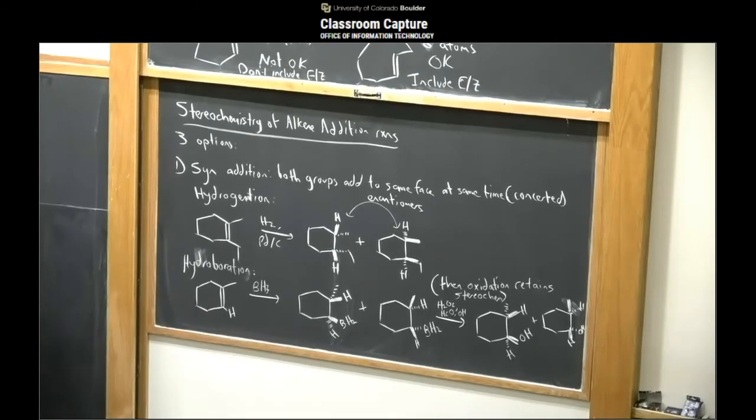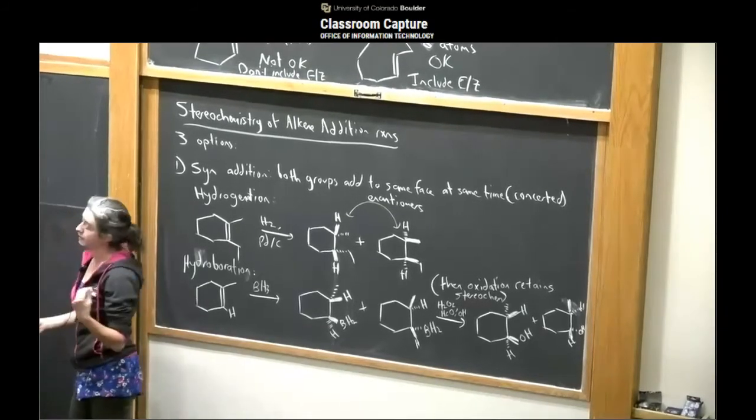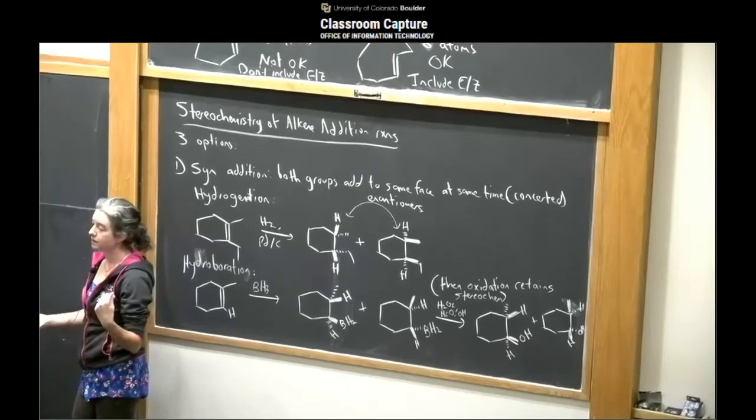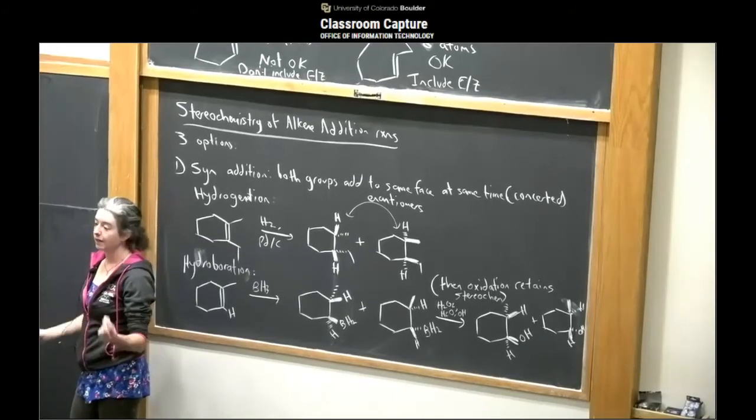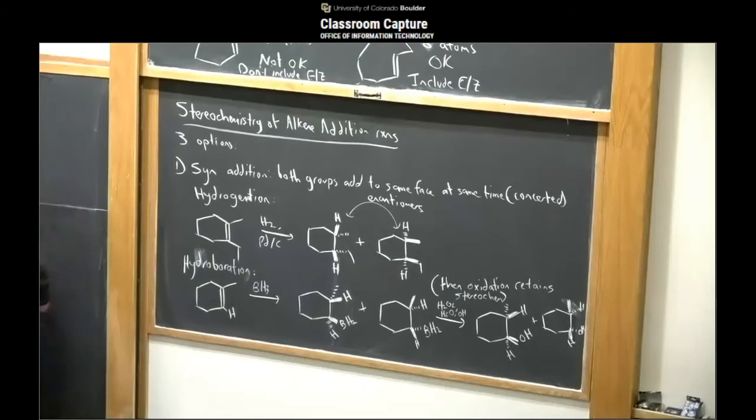So the common factor here, at least out of the mechanisms that we've covered so far, is something makes a three-membered ring, and then something else pops that three-membered ring open.